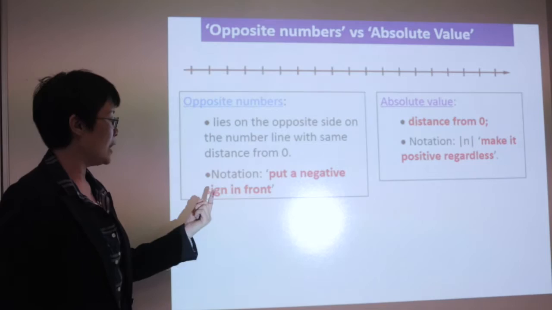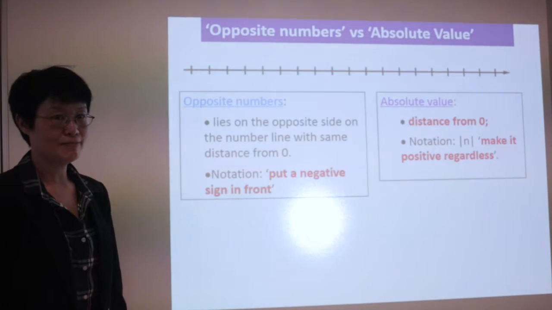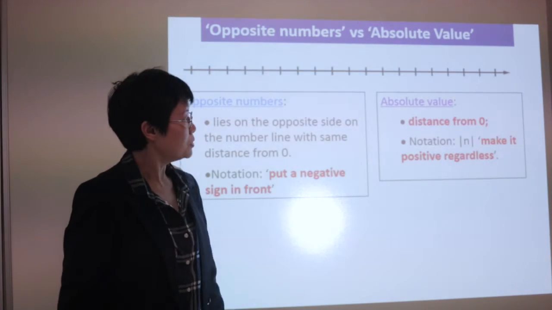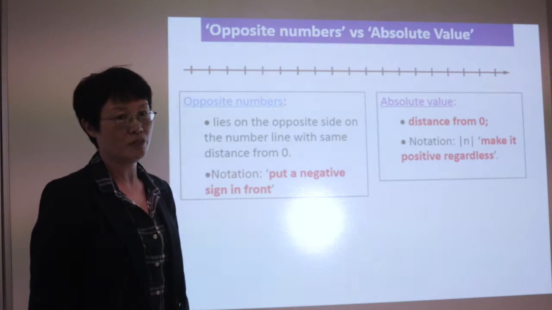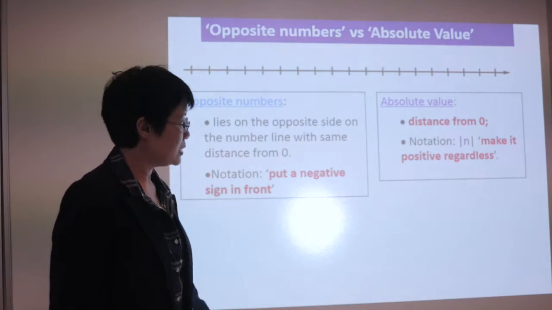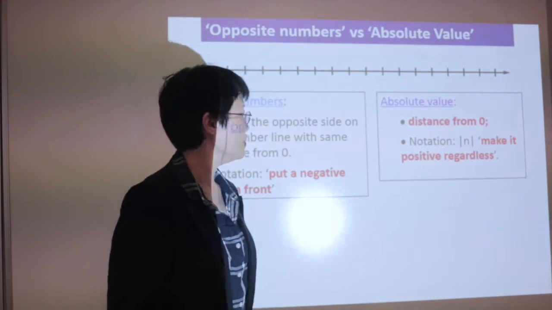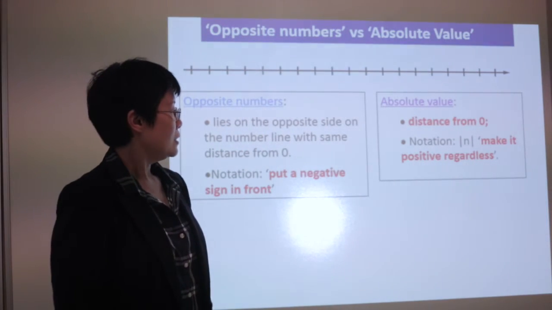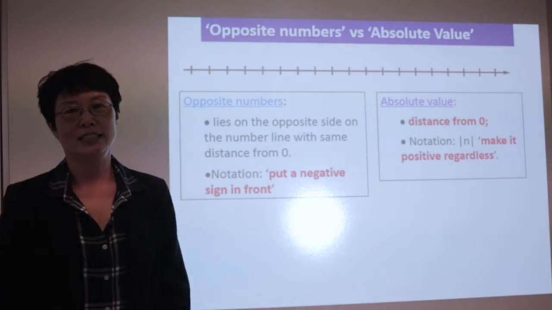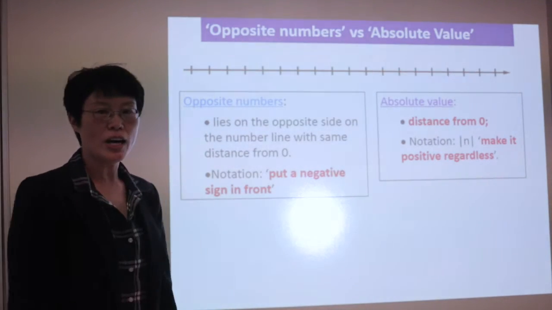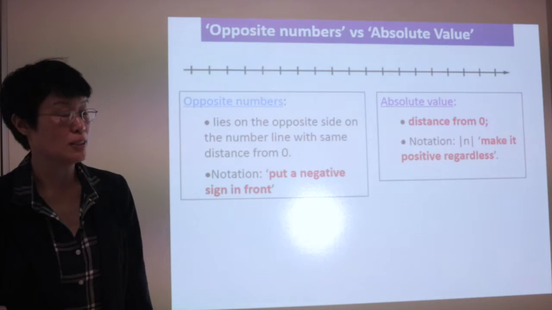Notation is to put a negative sign in front of it. Absolute value is talking about the distance from 0 of a number. Notation-wise, you have 2 long bars. And simply you can say just make it positive regardless. Whatever goes into the absolute value comes out positive.